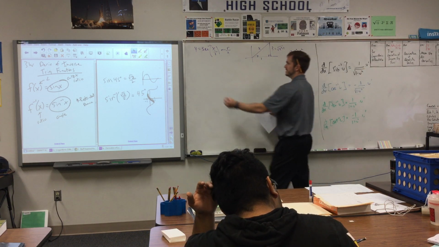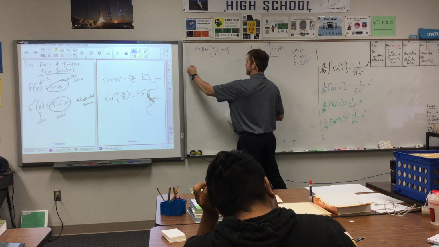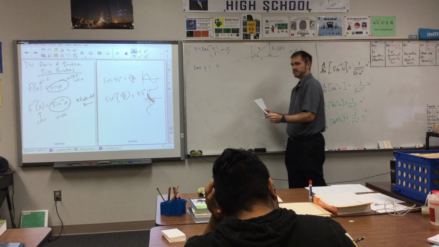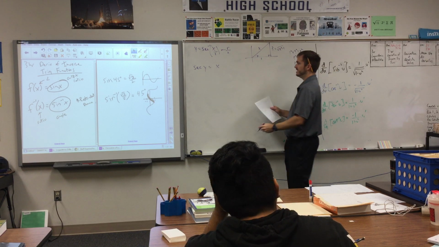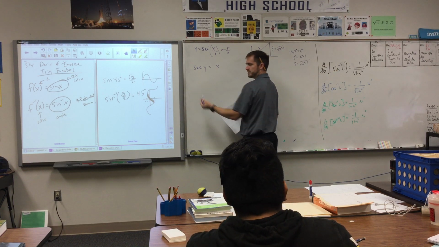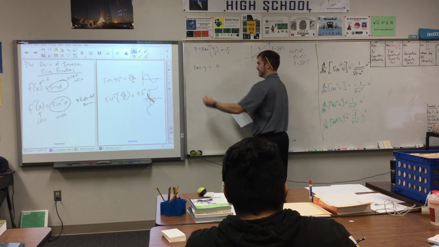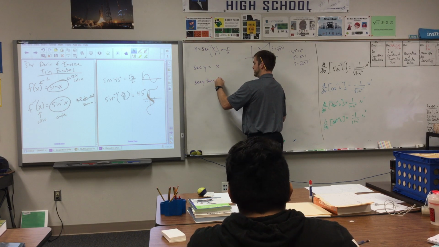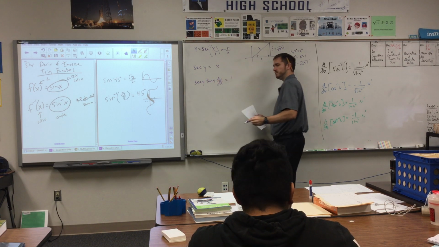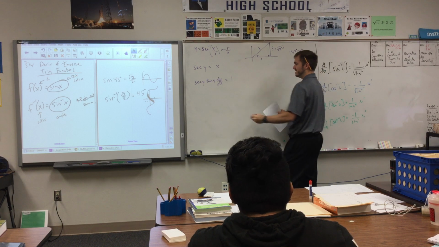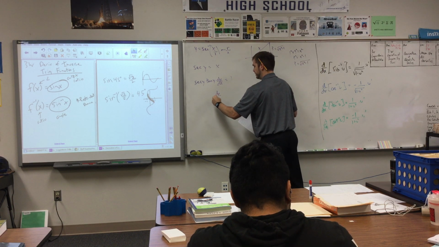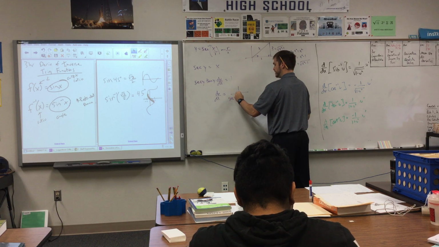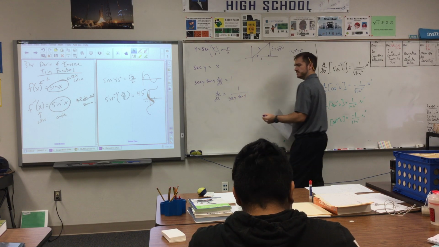Here we go, super fast. Secant of y equals x. Take the derivative of both sides. What's the derivative of secant? Secant y tangent y, dy over dx. Yep, secant y tangent y, dy over dx equals 1. So dy over dx is 1 divided by secant y tangent y.